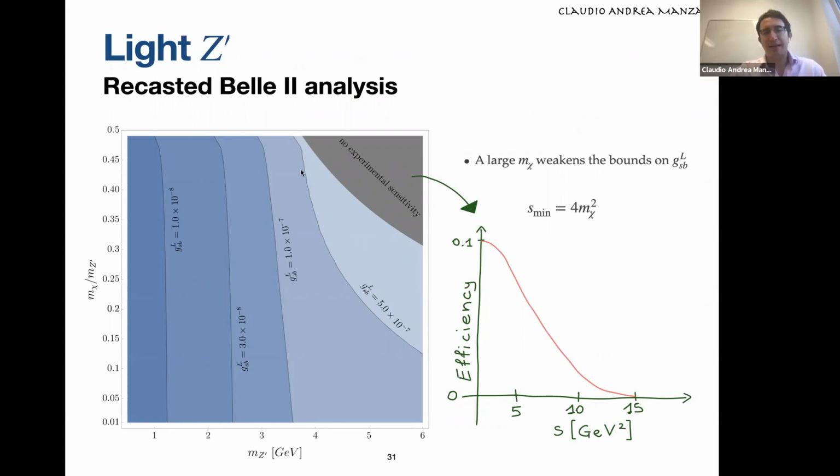And in particular, at some point at the top right of this plot, we are not able to put any bound on the BS coupling. And this is just because we don't have any experimental sensitivity in this region, due to the fact that the efficiency function really drops to 0 for a q squared or s of order 15 GeV squared. Okay, this will be important soon.